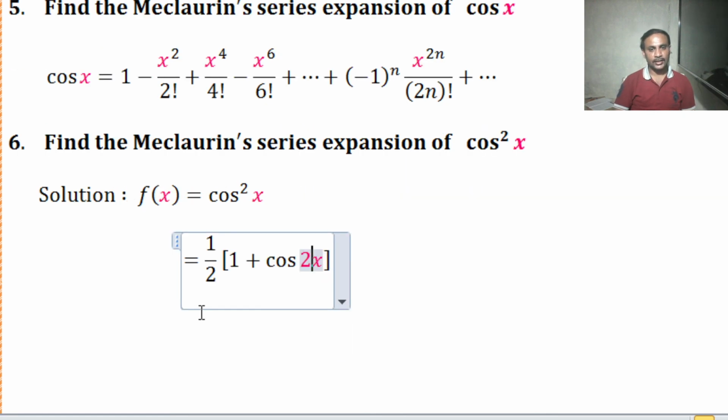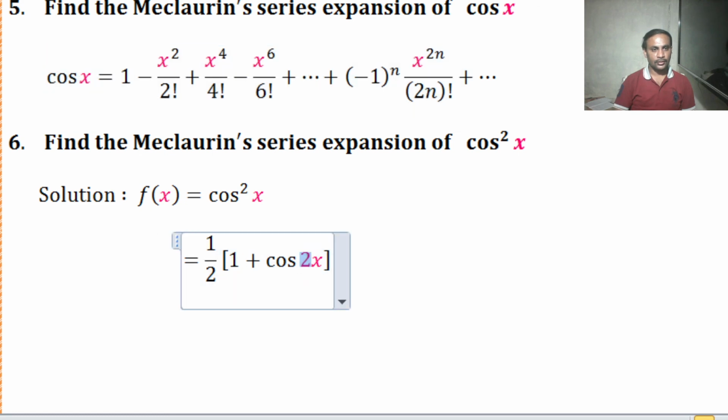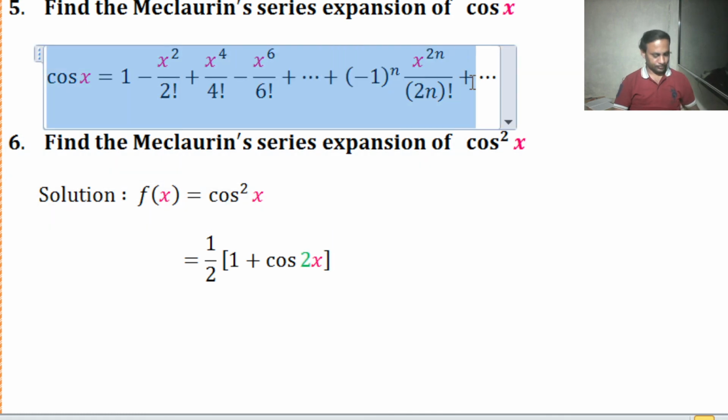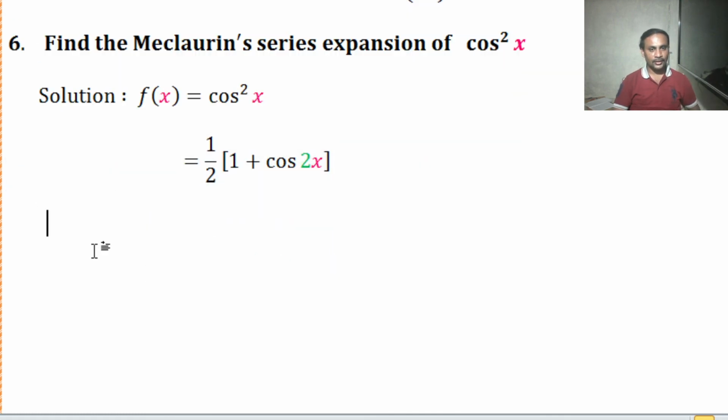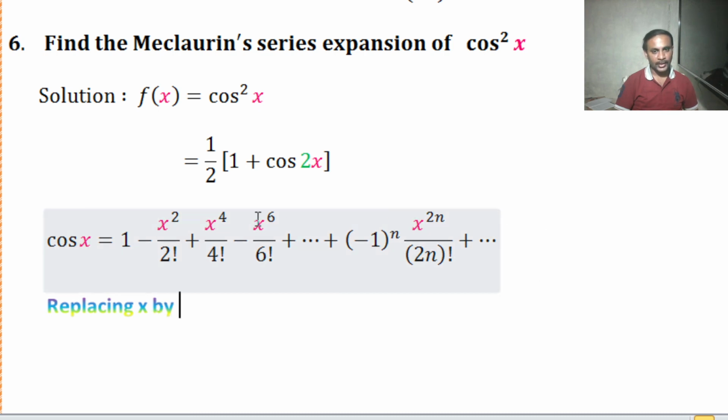So using this idea, we can find the series expansion of cos 2x using the series expansion of cos x. Here we replace x by 2x.